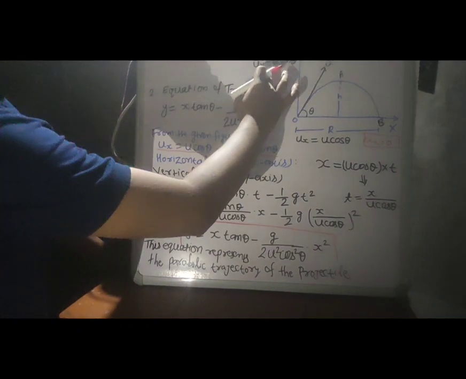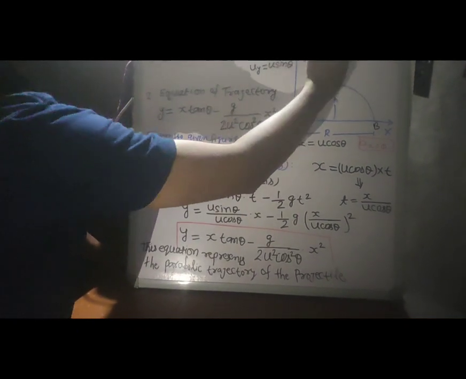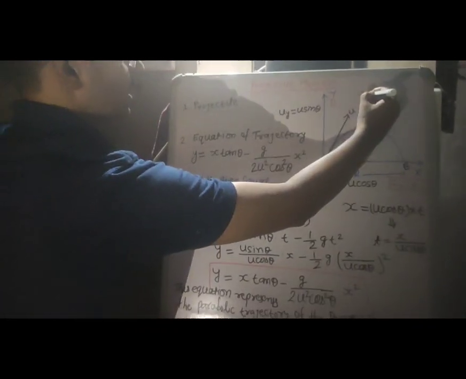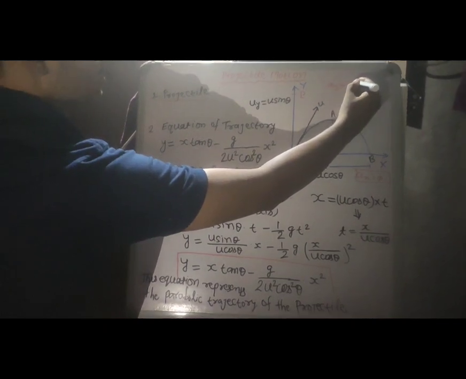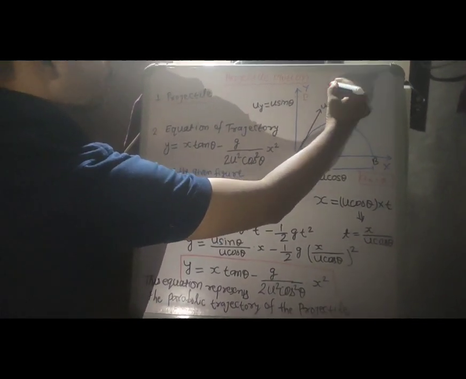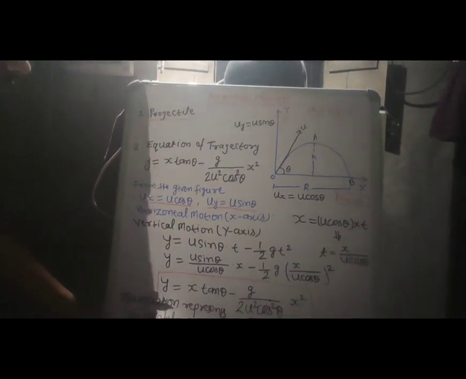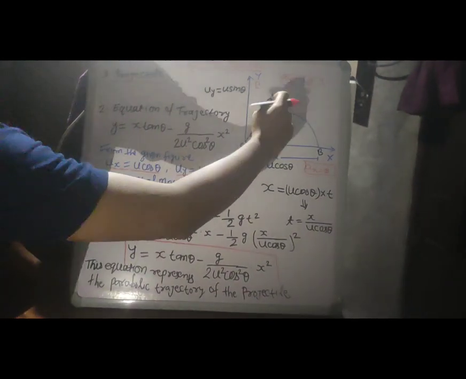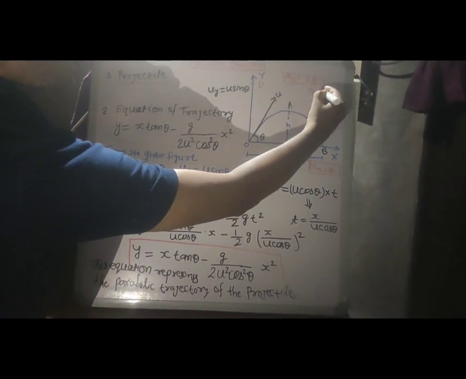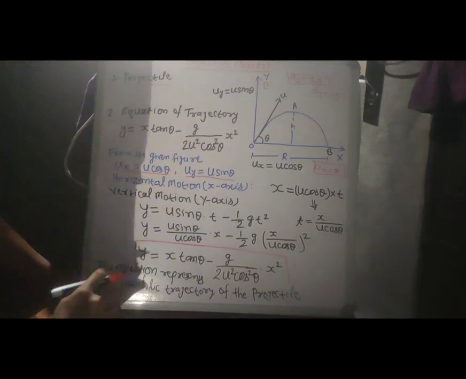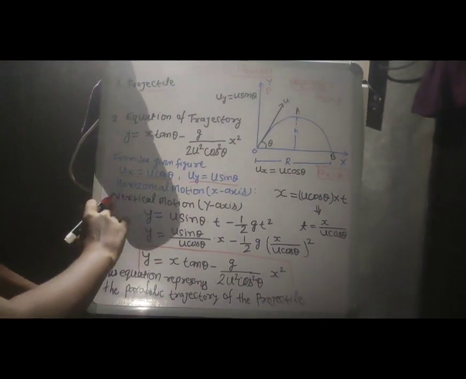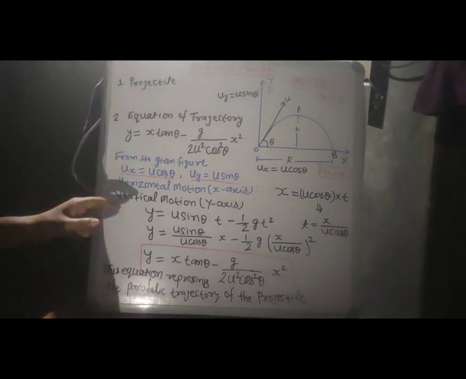But in the case of vertical motion, the acceleration ay equals plus or minus g according to the direction of motion of the projectile. For this case ay equals minus g. Now we have to derive this formula.